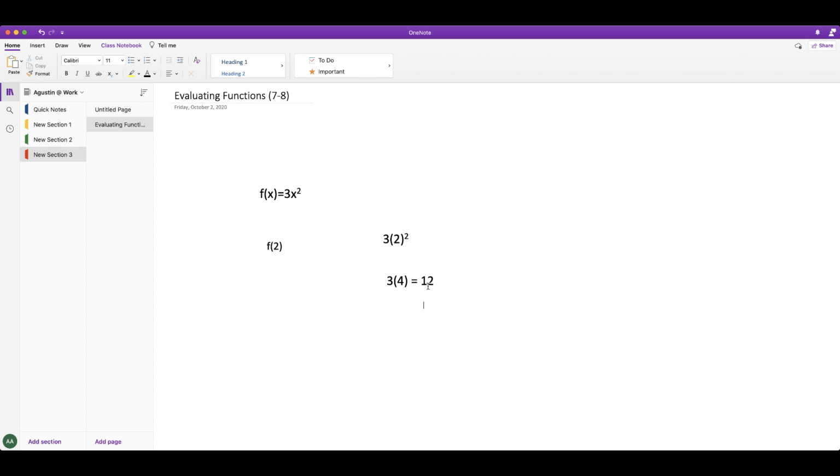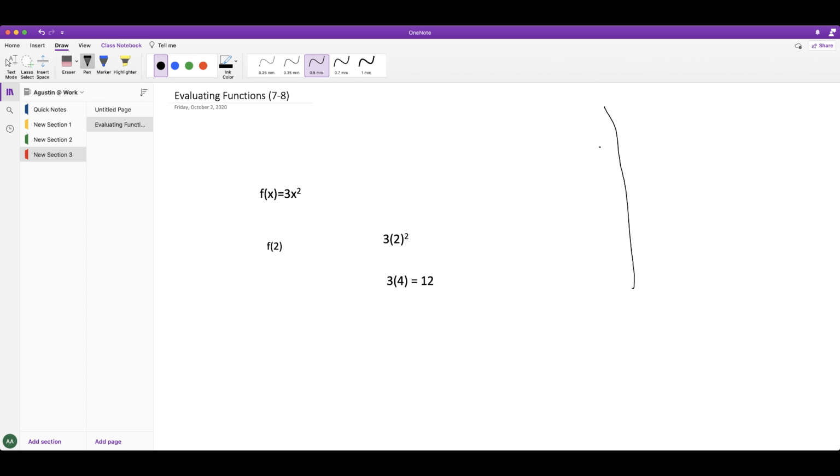So that's if they give it to you as a function. Now they might give it to you as a table and ask you what is f of anything, right? So if you have a table like this, x and y, it's 2, 3, 4, 6, something like that, right?